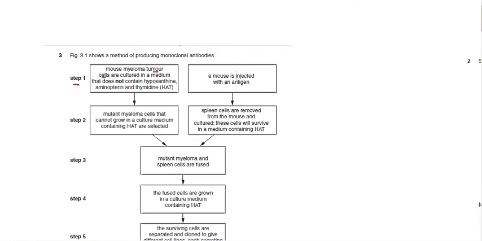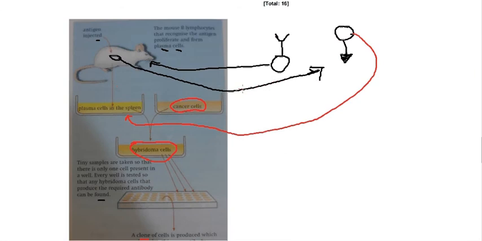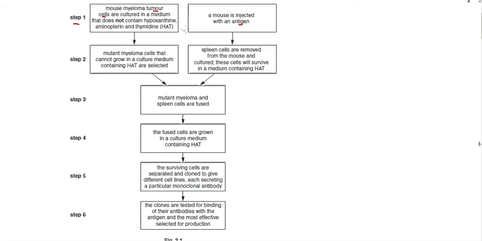And then a mouse is injected with an antigen. This is the process we described over here, the injecting. Then spleen cells are removed from the mouse and cultured. These cells will survive in a medium containing HAT.